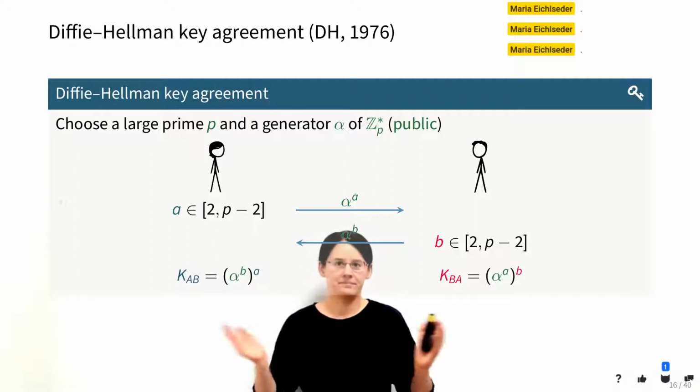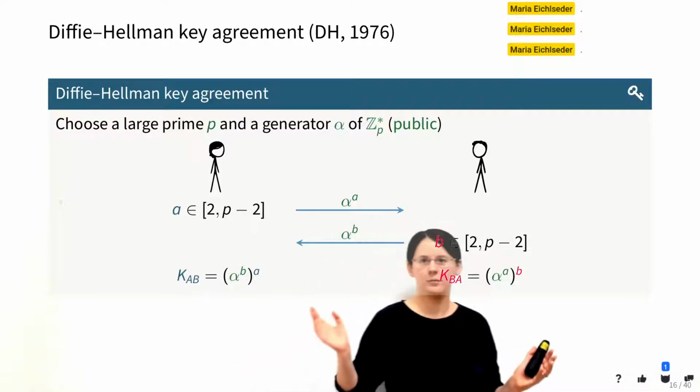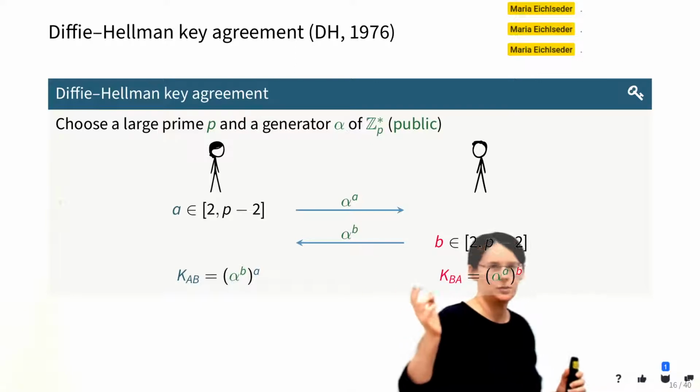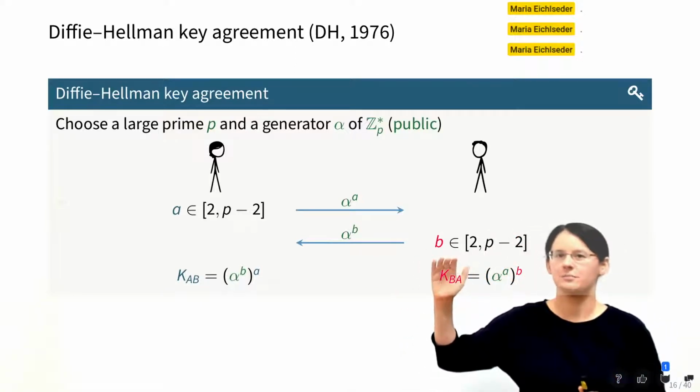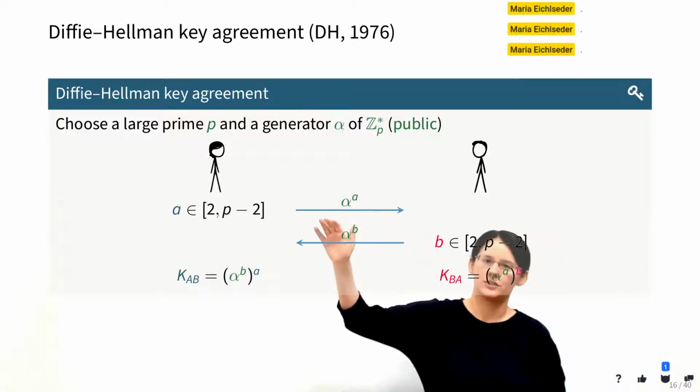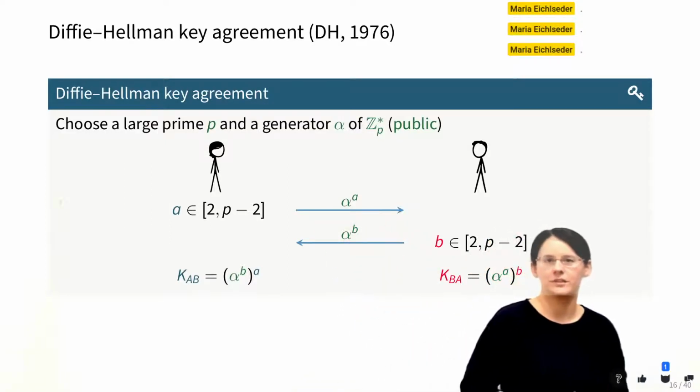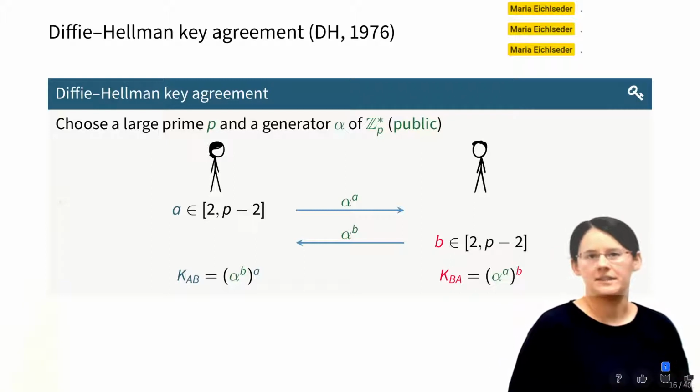So that's the basic principle, and we will see again this basic structure of having some private key, which is an exponent, and some public key, which is the generator to the power of the exponent, in several other schemes.